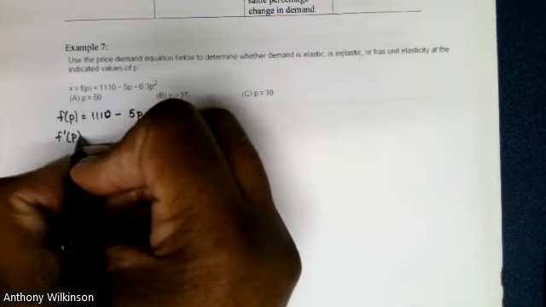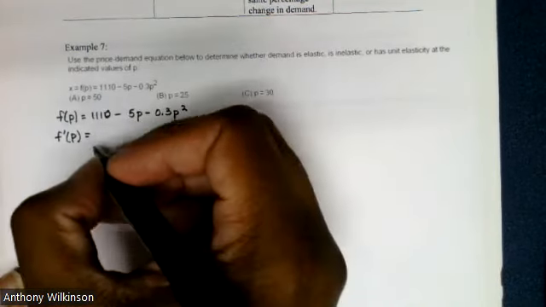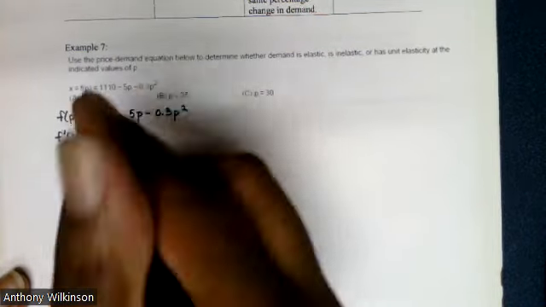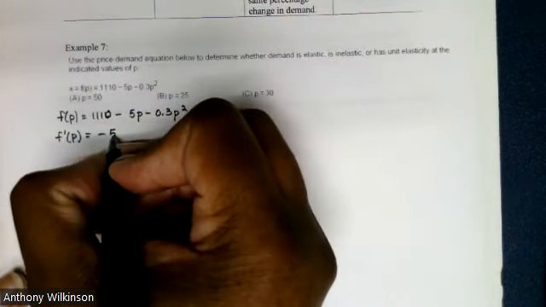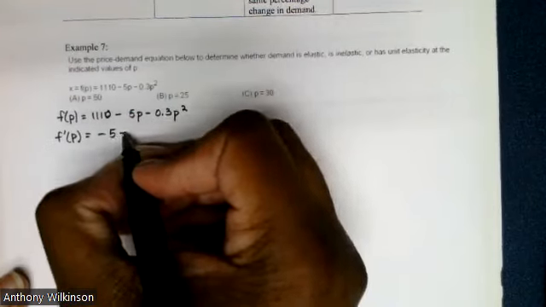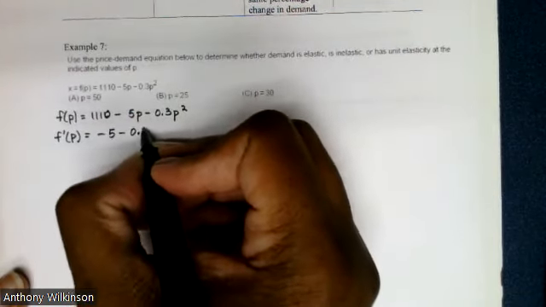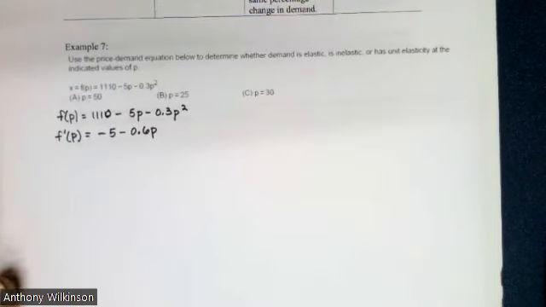F prime of P is going to be this. The derivative of 1110 is 0. The derivative of minus 5P will be minus 5. And then minus the derivative of 0.3P squared, that's going to be 0.6P. So F prime of P will be negative 5 minus 0.6P.